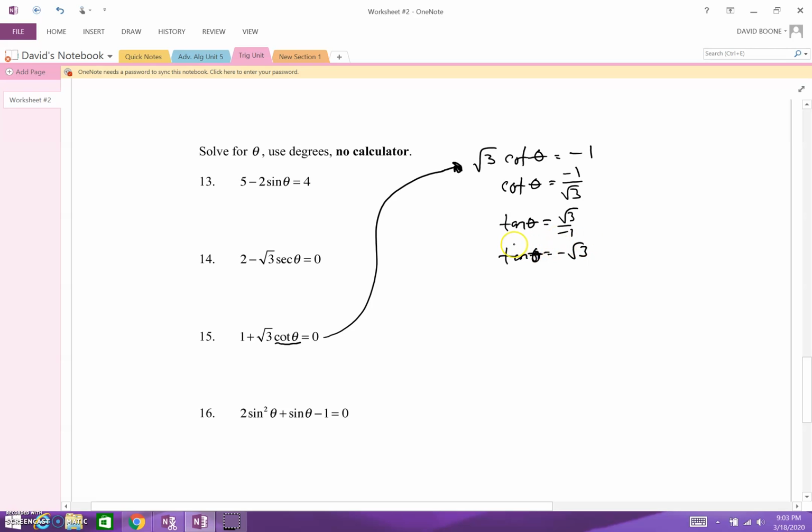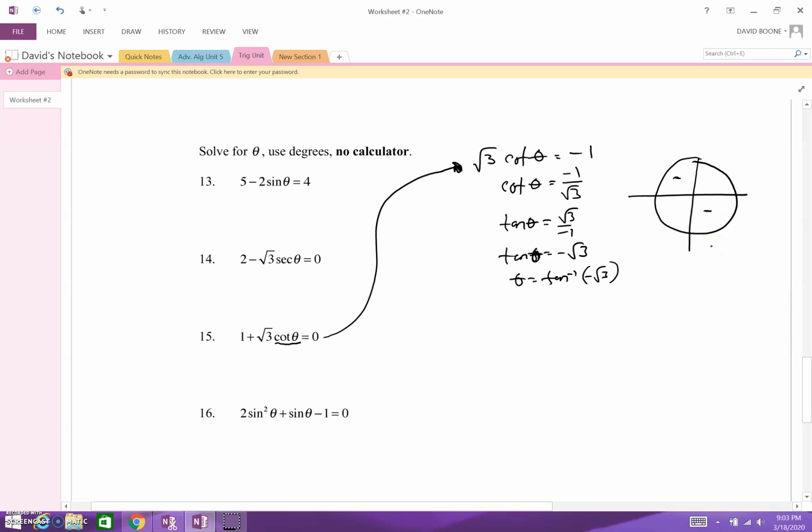All right. So then now we're just solving for that theta. So we're looking at theta equals the inverse tangent of negative root 3. Okay, so thinking about tangent, and thinking of that unit circle, we know tangent is negative in this quadrant and negative in this quadrant.